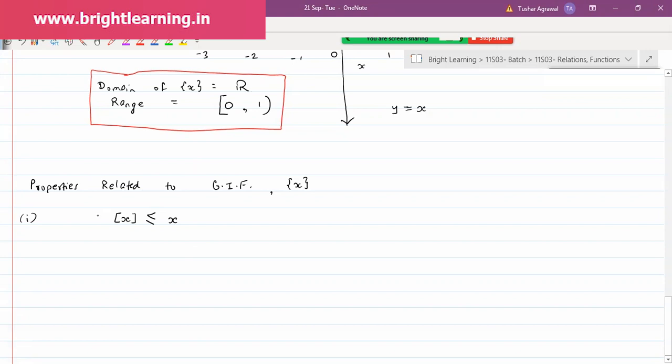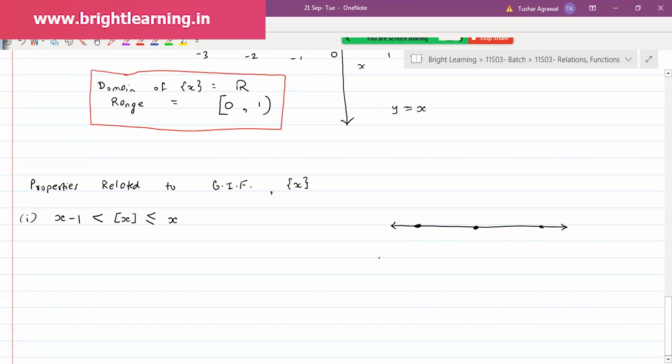And step x is also strictly greater than x minus 1, because what is step x? It is the greatest integer to the left of x, but nearest to it. So convince yourself of this point on the basis of a number line. These three dark circles are my integers.